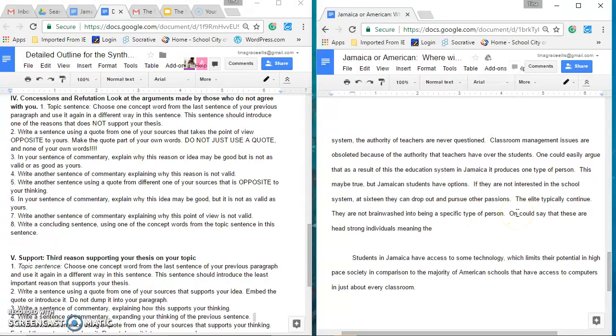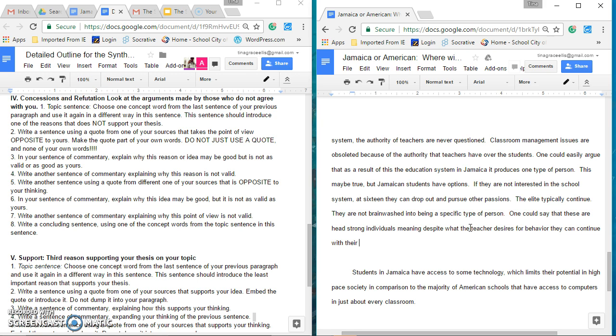One could say that these are headstrong individuals, meaning despite what the teacher desires for behavior, they can continue with their own personality outside of the classroom.